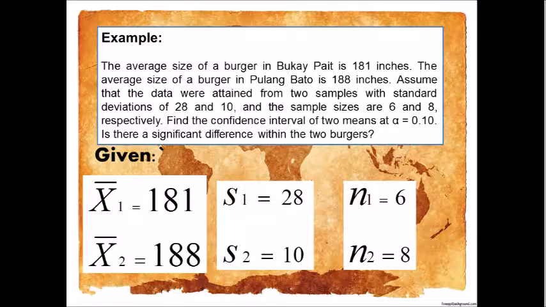Find the confidence interval of the two means at alpha 0.10. So here are the givens. X sub 1 is equal to 181, while X sub 2 is equal to 188. S sub 1 is equal to 28, while S sub 2 is equal to 10. N sub 1 is equal to 6, and N sub 2 is equal to 8.